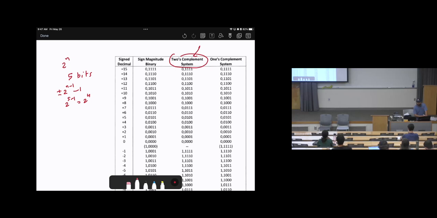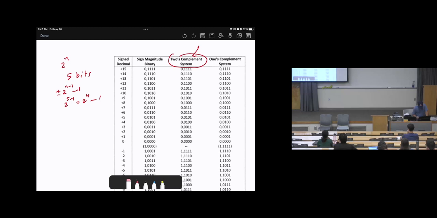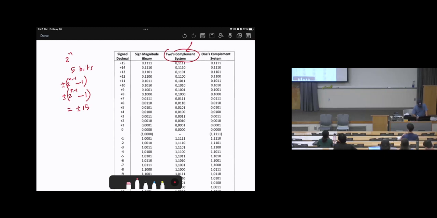I forgot to put the negative 1. So it will be 16 minus 1, 15. So plus minus 15. That's how we determine the range for each number of bits.